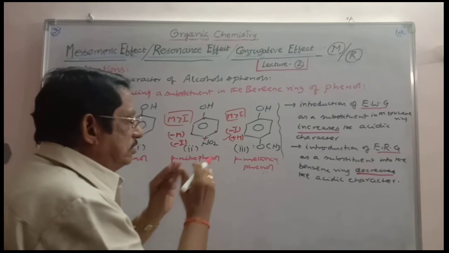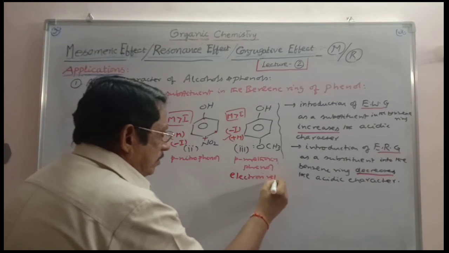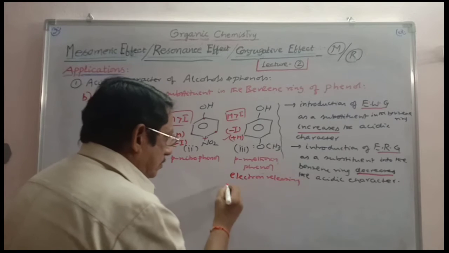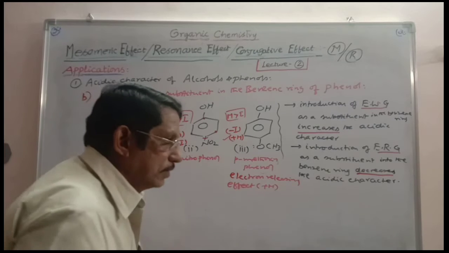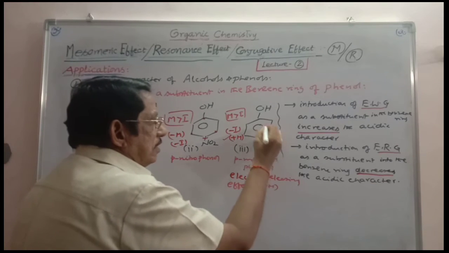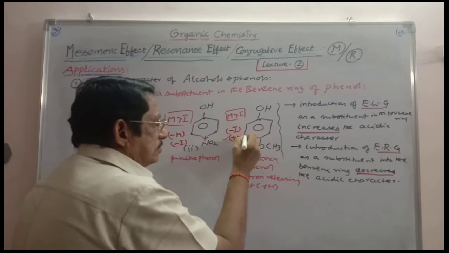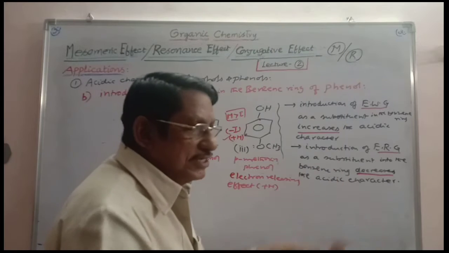As a result of which, the electron releasing effect is remaining. Electron releasing effect through plus M is dominating. As it is releasing the electron cloud, the electron density at the ortho carbon, at the para carbon, and at the other ortho carbon with respect to OCH3 is increased, minus charge arises.